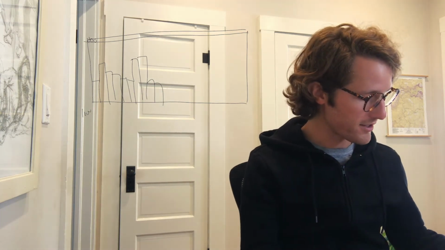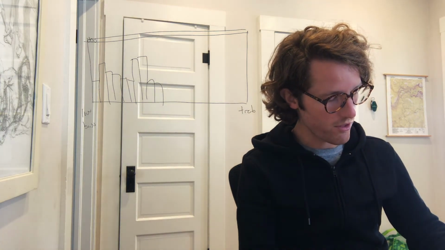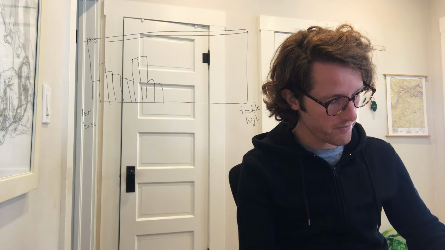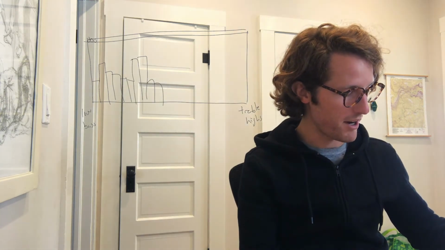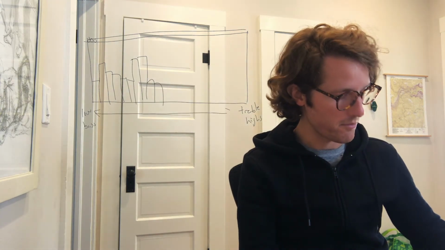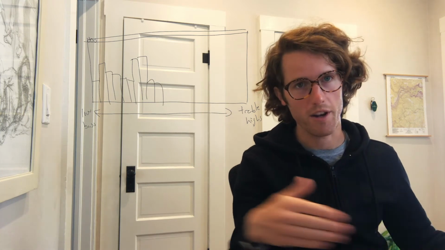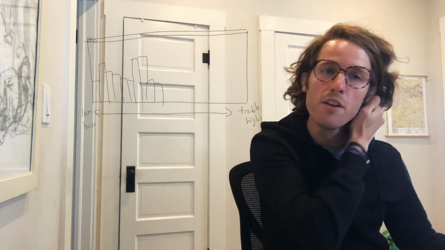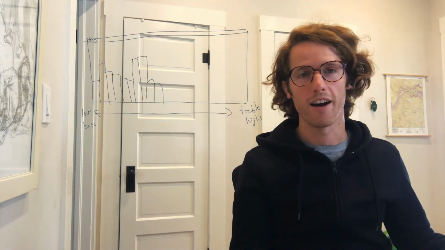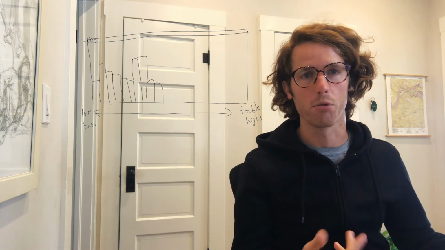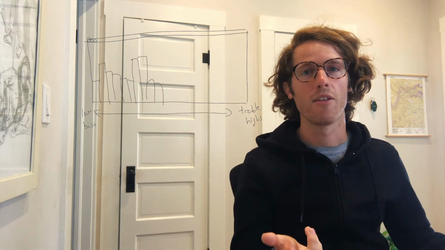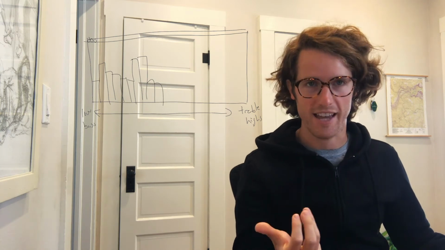So low is the bass, and then all the way over here on the right is the treble or the highs. It's a spectrum from low sounds on the left all the way to high sounds on the right. This is a real-world example of looking at the makeup of a sound.